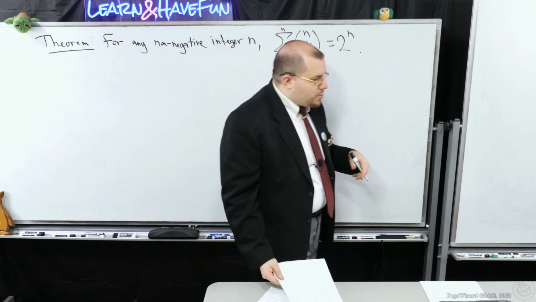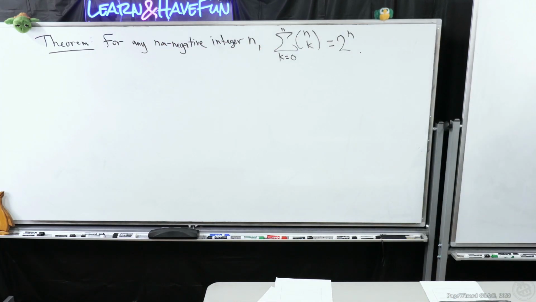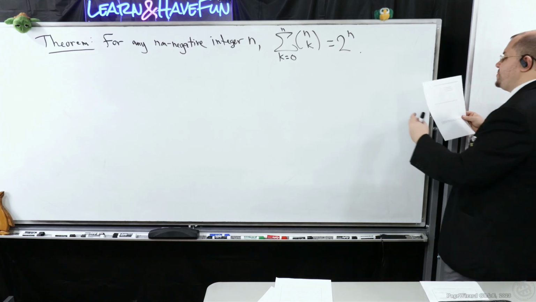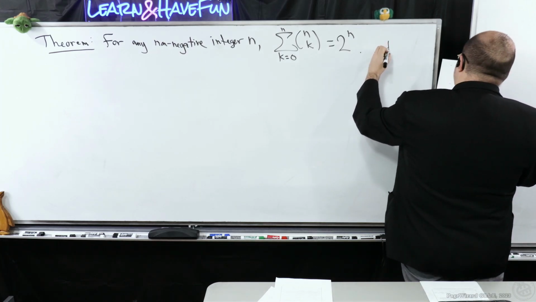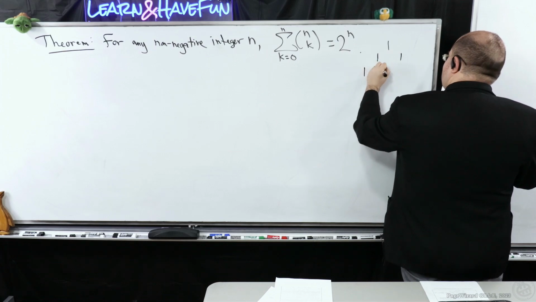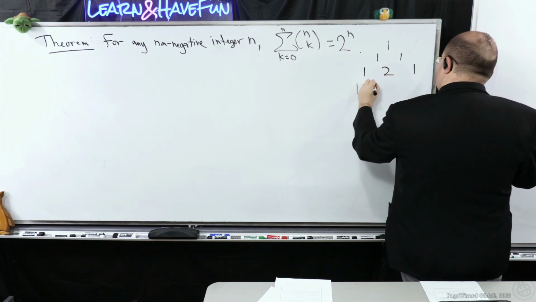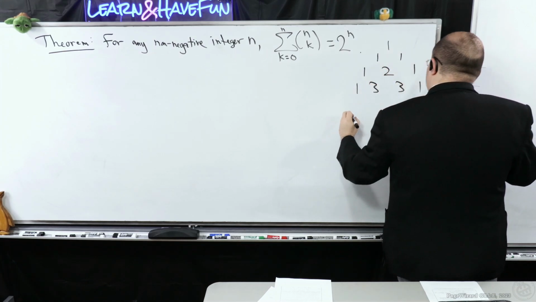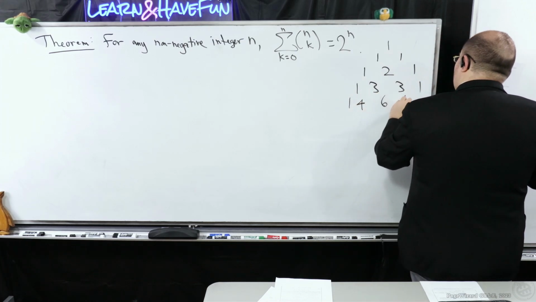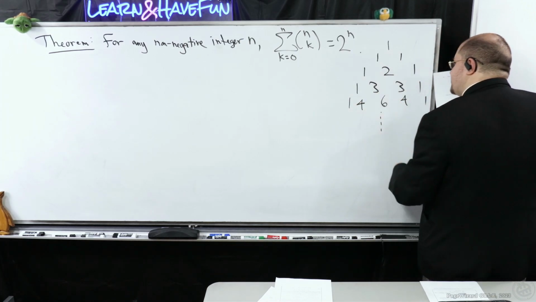Well, just as a quick reminder, let me remind you of what Pascal's triangle looks like. So I got 1; 1, 1; 1, 2, 1; 1, 3, 3, 1; 1, 4, 6, 4, 1, and so on.